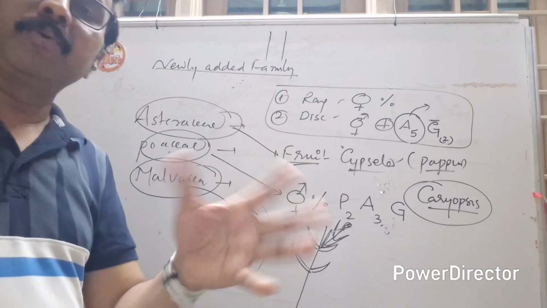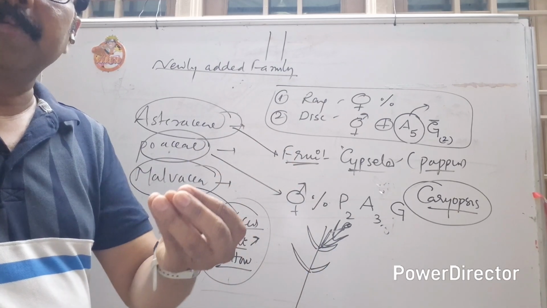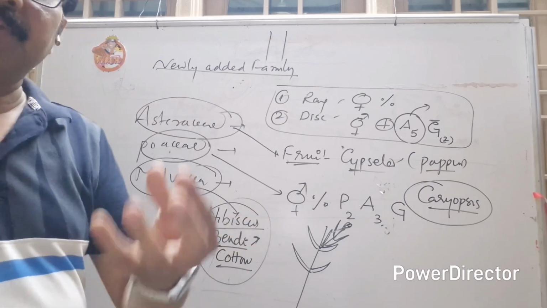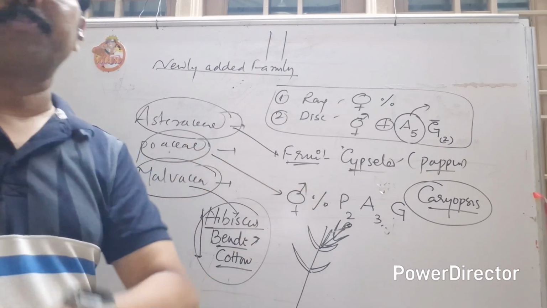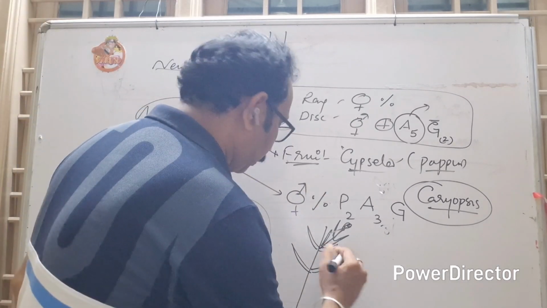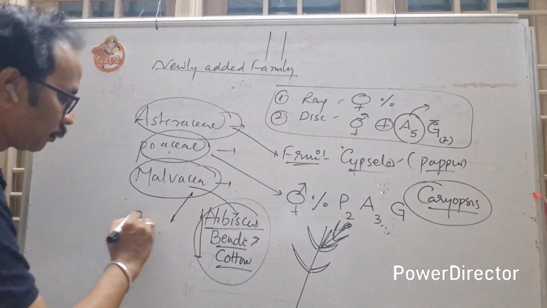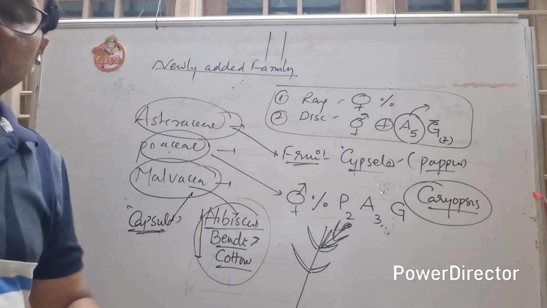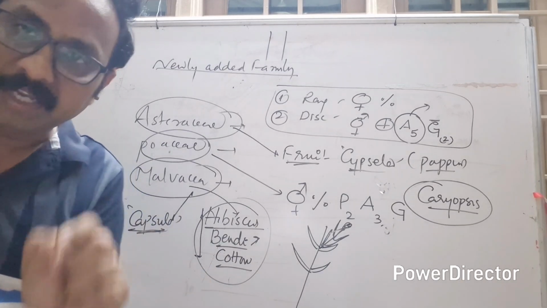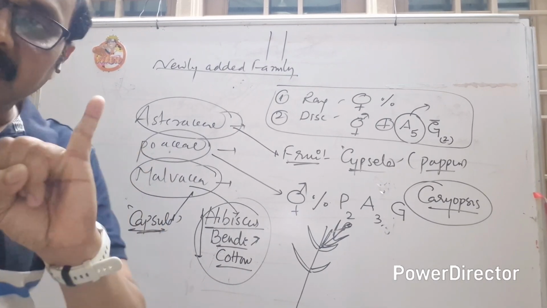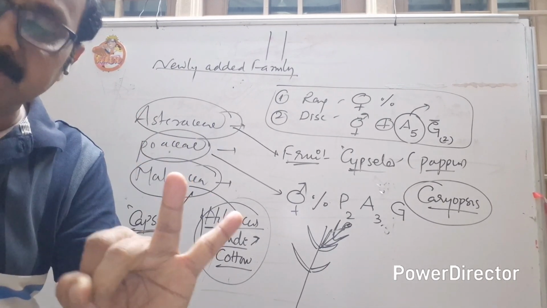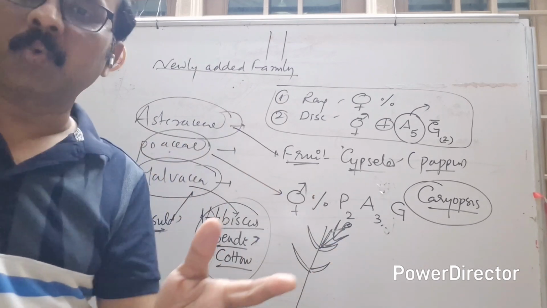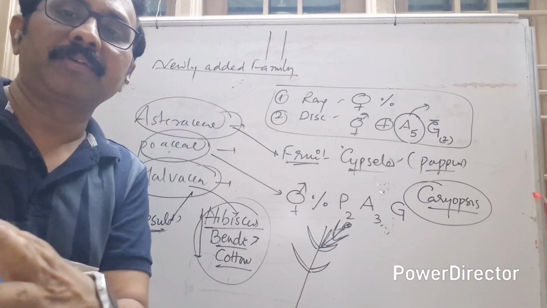But if you go one by one, the fruit is important. The capsule is present here. Which of the following families have capsules? You can remember Malvaceae, Solanaceae, and also Liliaceae. But regarding the question asked, you have to just change it.